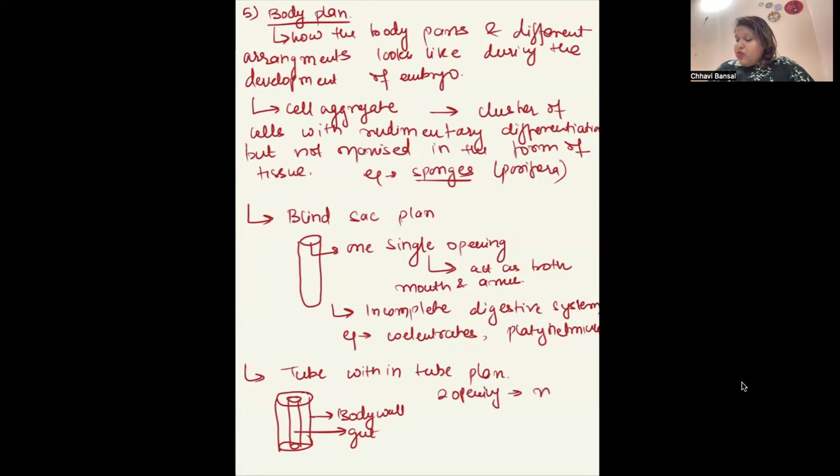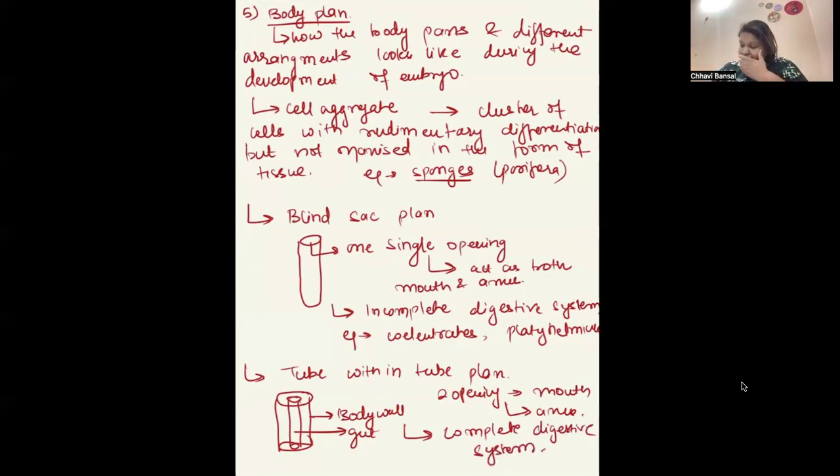One acts as mouth and the other acts as anus. Okay. So they have two openings, one as mouth and the other as anus. So they have a complete digestive system. Okay. Starting from aschelminths to chordates, they have tube within tube plan.